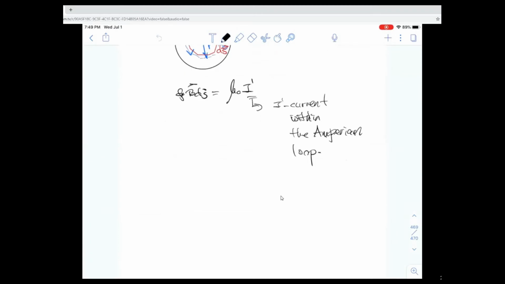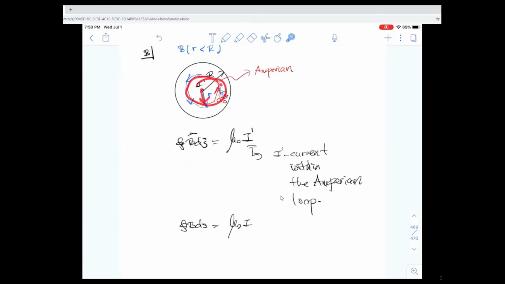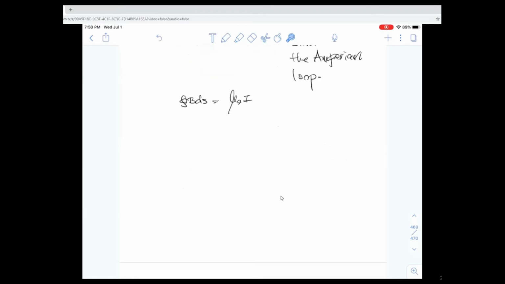So by using the same argument as we did before, we will turn this into a scalar product. Once again, the strength of the magnetic field at a radial distance is going to remain constant. So here's the magnetic field. I'm going to pull it out of the integral sign.